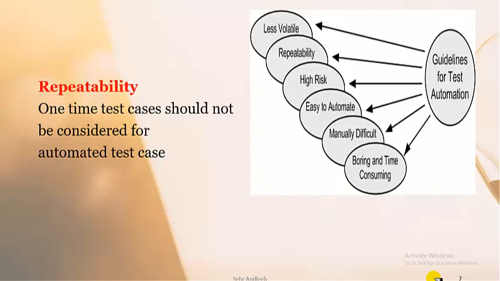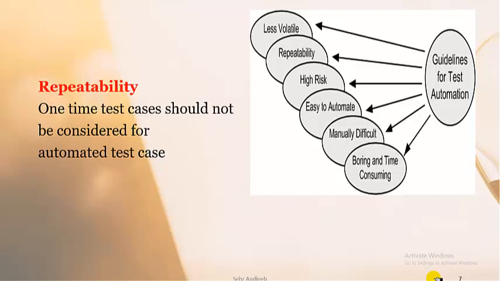It is very simple: the test cases that are going to be executed several times should be automated, right? Those test cases which we need to run over time, and they are repeatable, obviously automated test cases should be preferred, because if you want to run the test cases again and again and you prefer manual test cases, then it's a very hectic task.